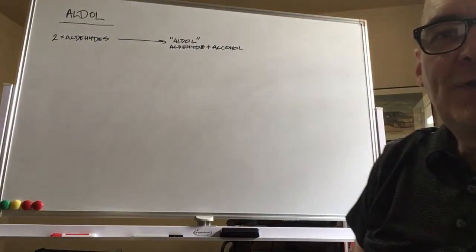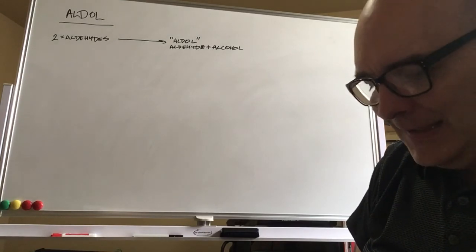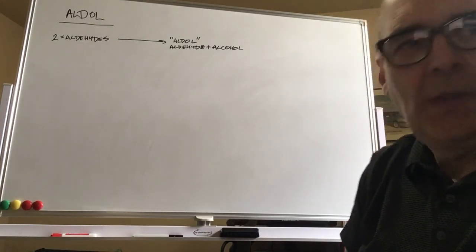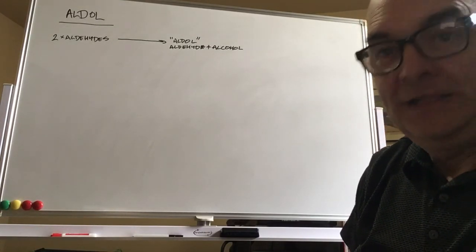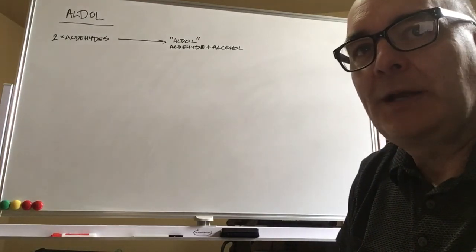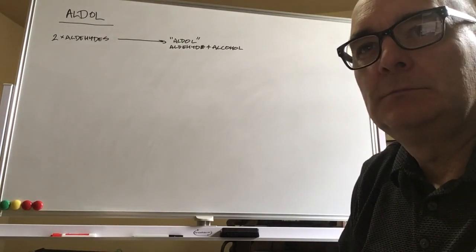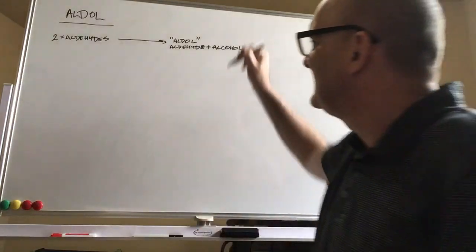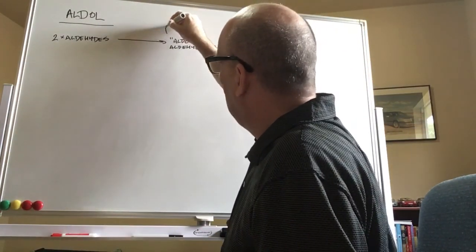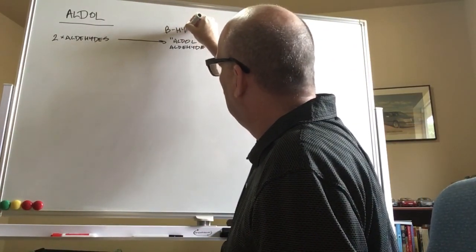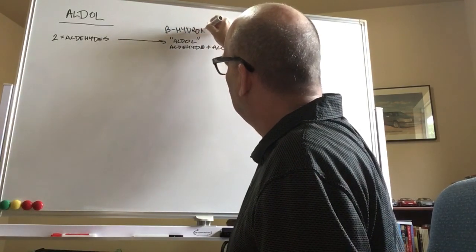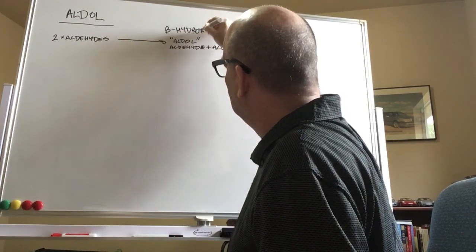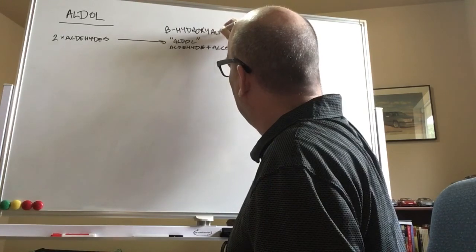And in the same way that an enol is part alkene, part alcohol, an aldol is part aldehyde, part alcohol. Technically, the aldehyde is what we call a beta hydroxy aldehyde.